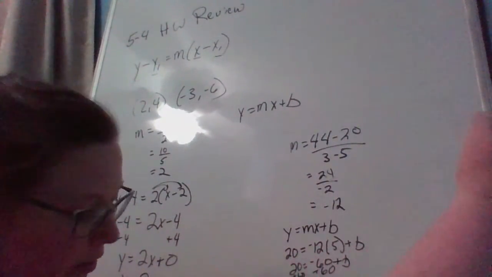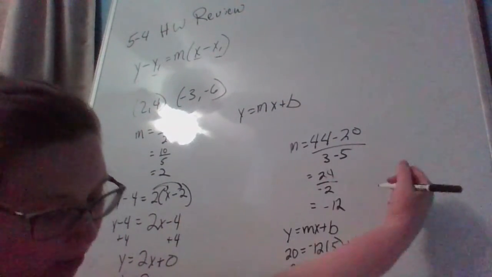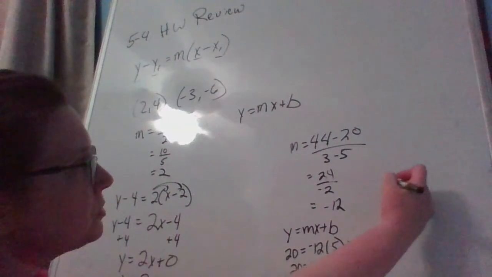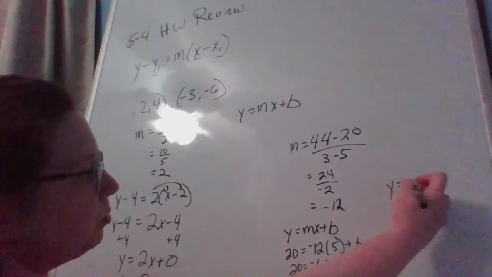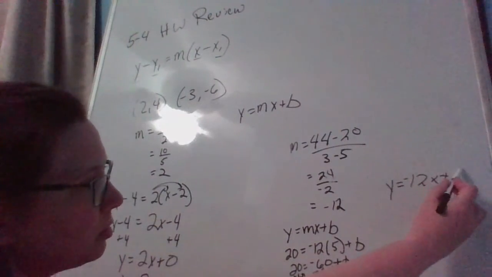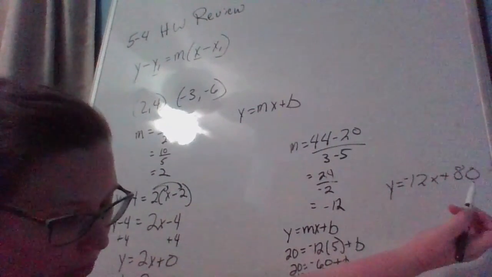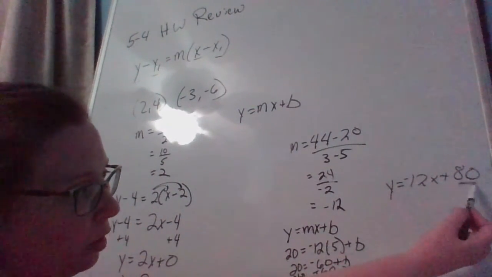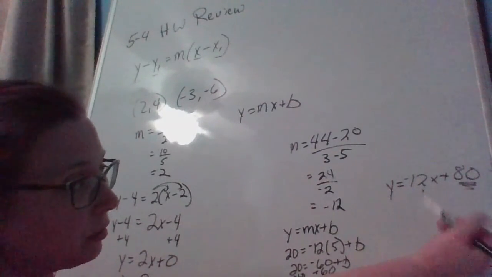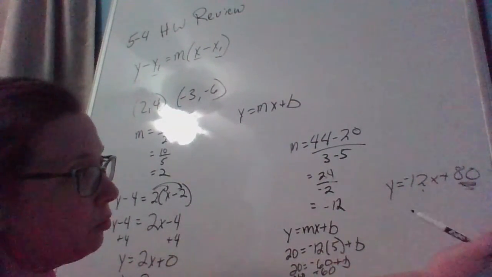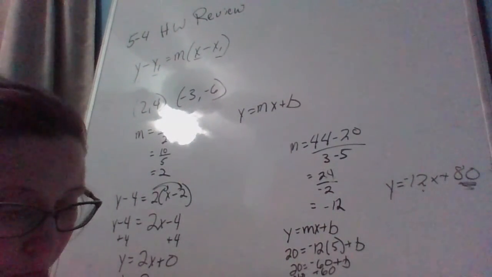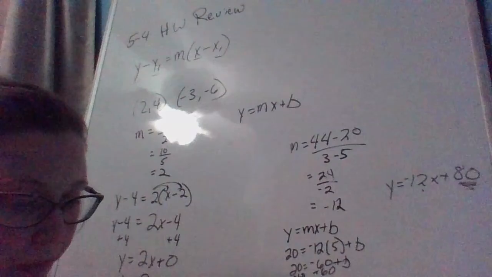And we can say that our intercept is 80 gallons, which looks good. So now I have our equation, which is y equals negative 12x plus 80. So again, going to the second part of the question, they started with 80 gallons. They used 12 gallons a day. And that would be your slope-intercept form for that equation.